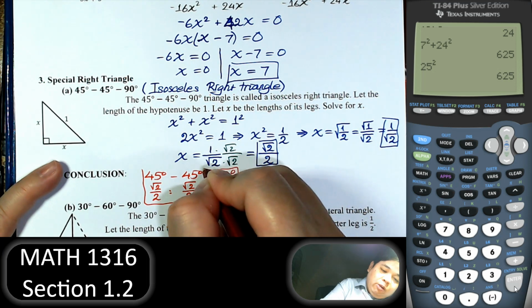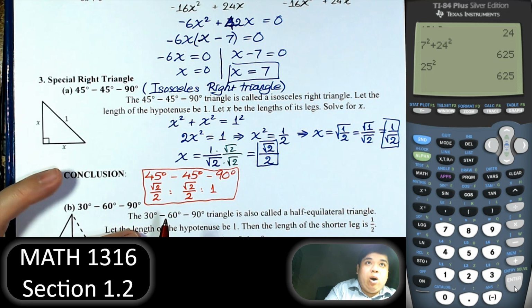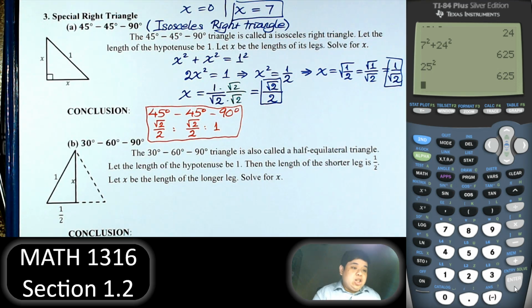So opposite to 45, 45, and 90 degree angles are the lengths square root 2 over 2, square root 2 over 2, and 1. Right, so that's the first special right triangle.